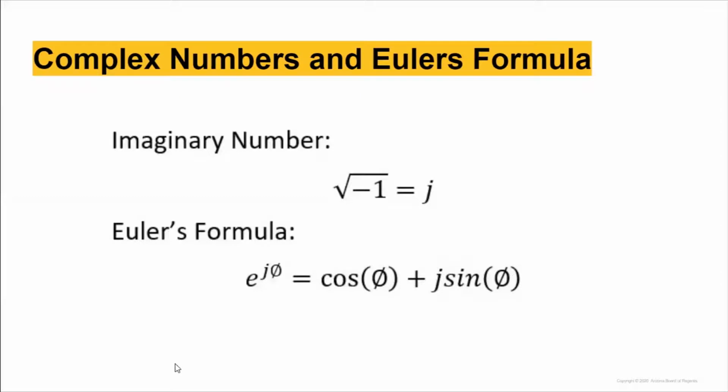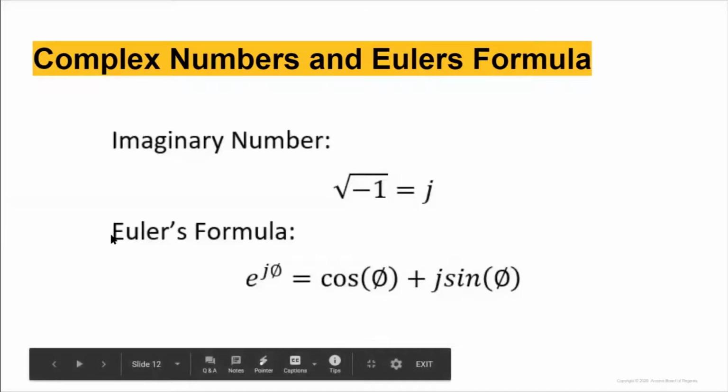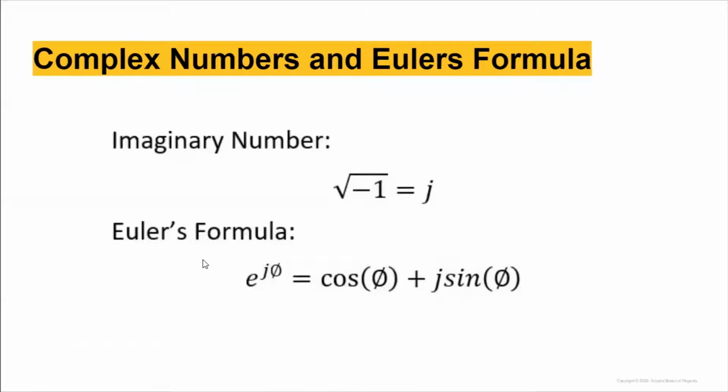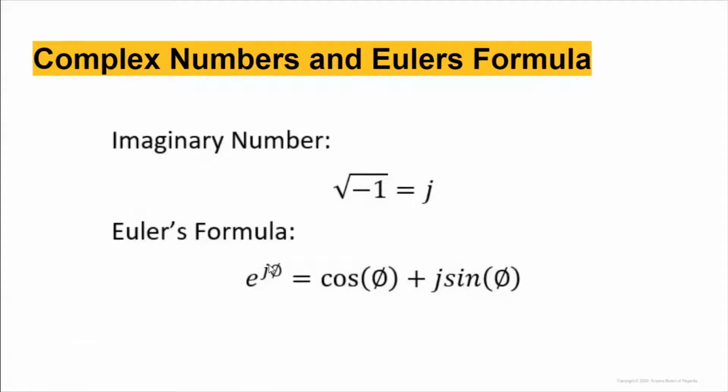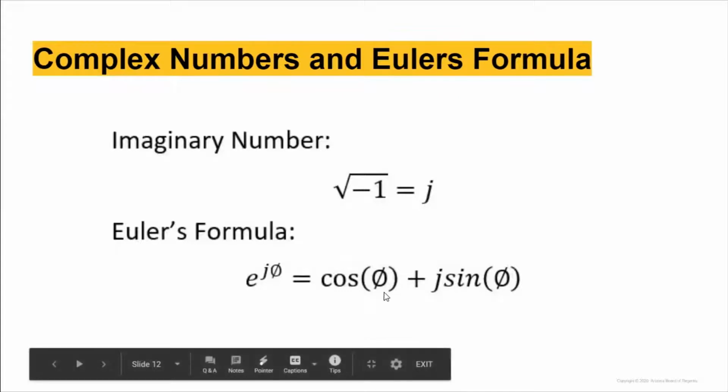And a long time ago, there was this guy named Euler, a famous mathematician, and he figured out, by doing some series, and I'm not going to go into how he figured it out because it's a little beyond the scope of this, that if you take the exponential of j to some angle, that is equal to the cosine of that angle plus j times the sine of that angle.